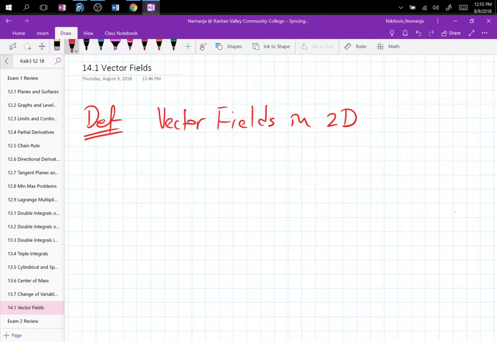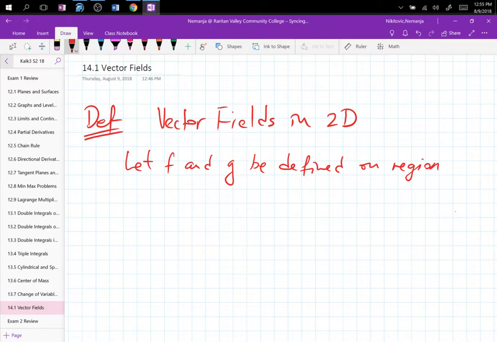So let F and G be defined on a region R of R squared.